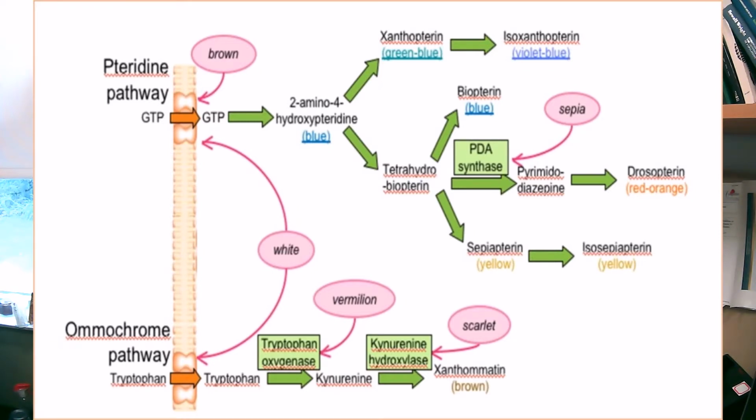Now in the pink ovals, you'll notice that there are indicated 5 known mutations in Drosophila that result in different eye color.